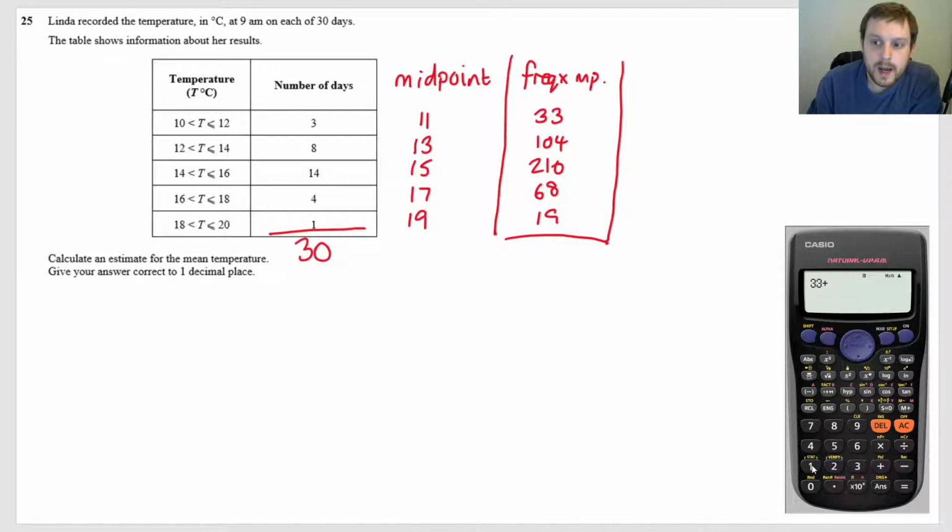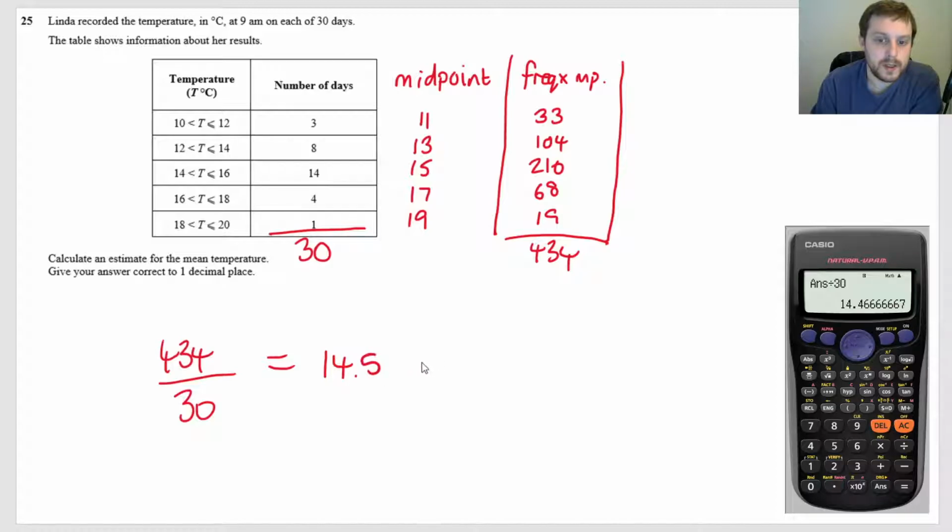So, 33 add 104, add 210, add 68, add 19, so 434 is the grand total of all of this, divided by 30. So I need to divide this by 30. So 14.5 to 1 decimal place. Let's make sure that's right.